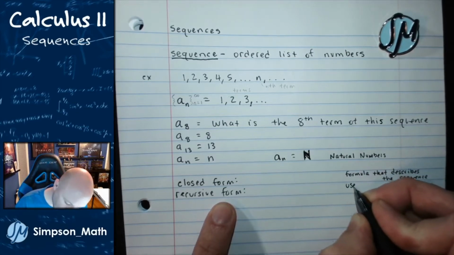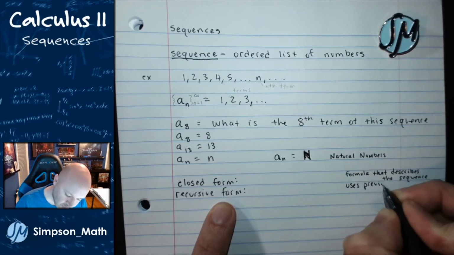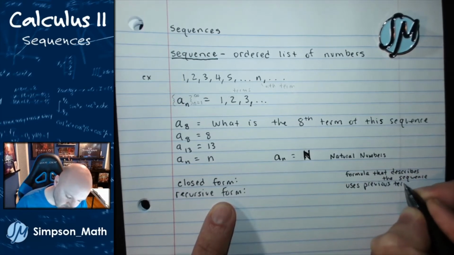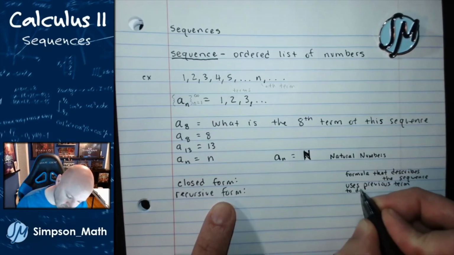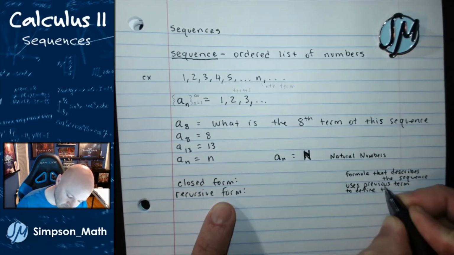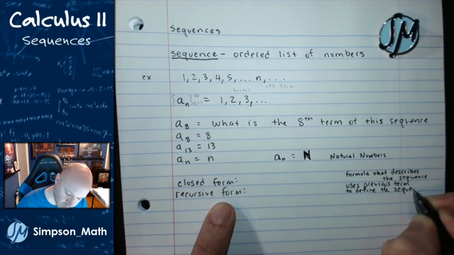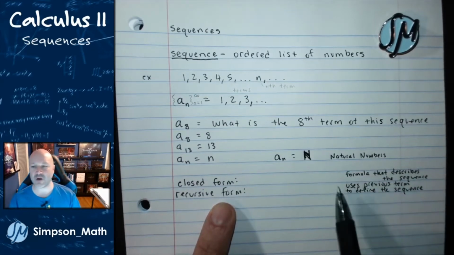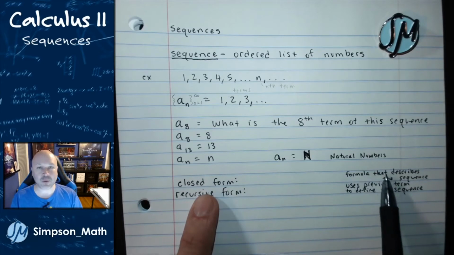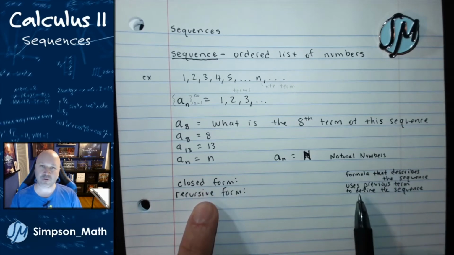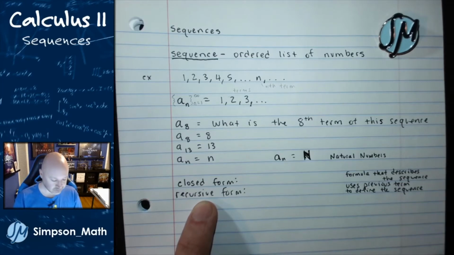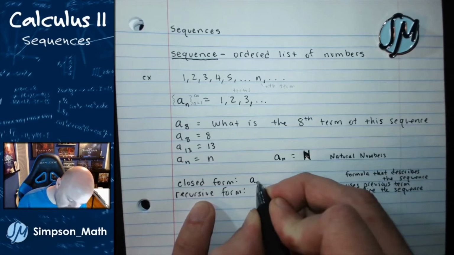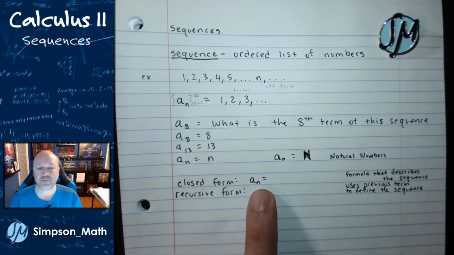I'll say it uses the previous term to define the sequence. Closed form, think of it as a formula that describes the sequence. The recursive form is another way to describe the sequence, but it uses the previous term. So what I mean here is, again, it's another way to write a sub n.